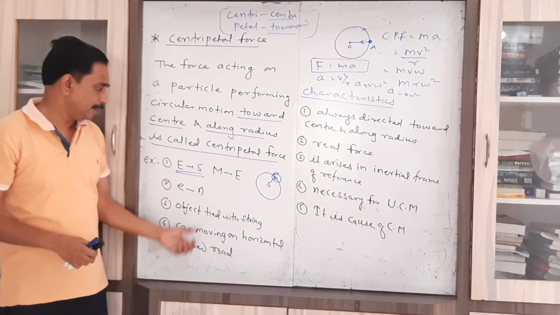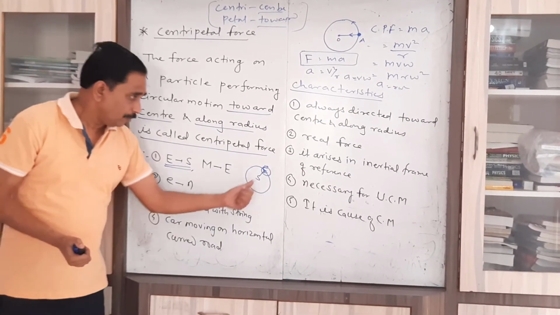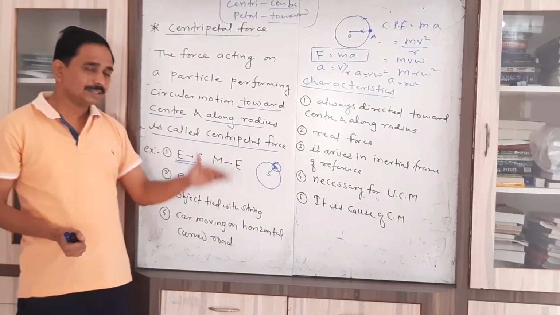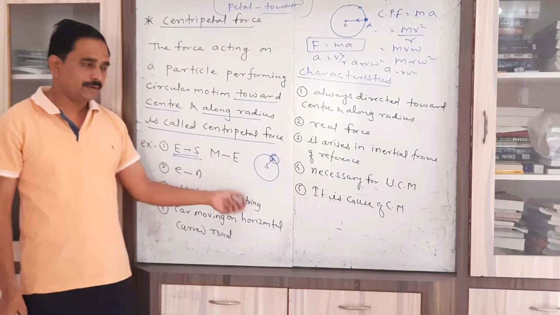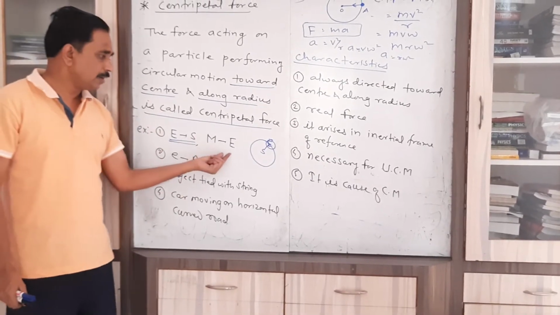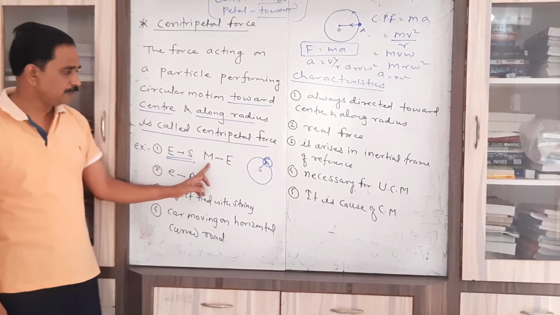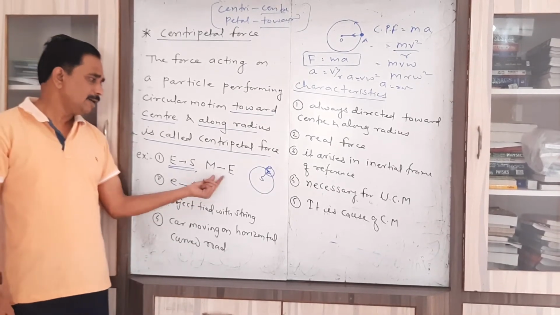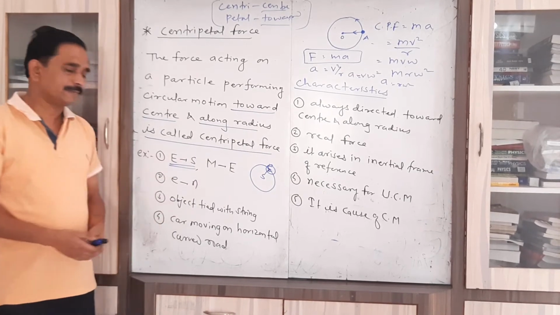Similar is the case as the Moon revolves around the Earth. For the circular motion of the Moon, the necessary centripetal force is again given by the gravitational force of attraction between the Moon and the Earth.